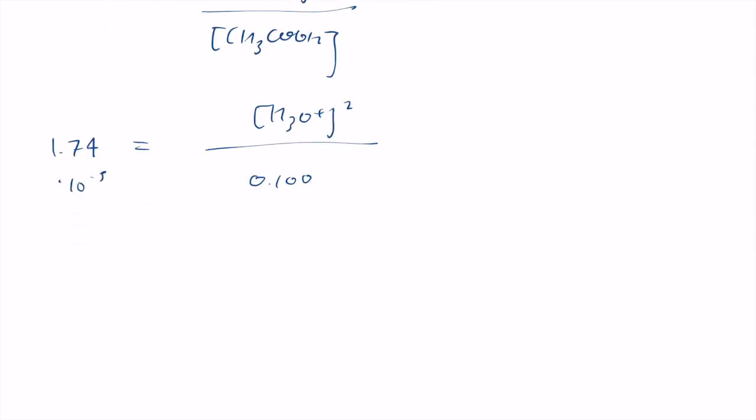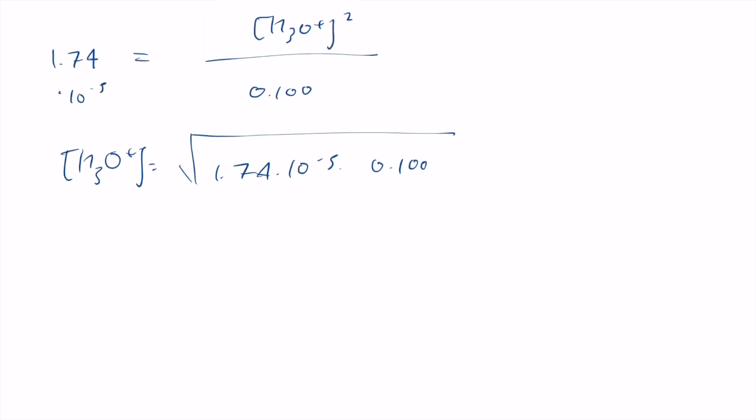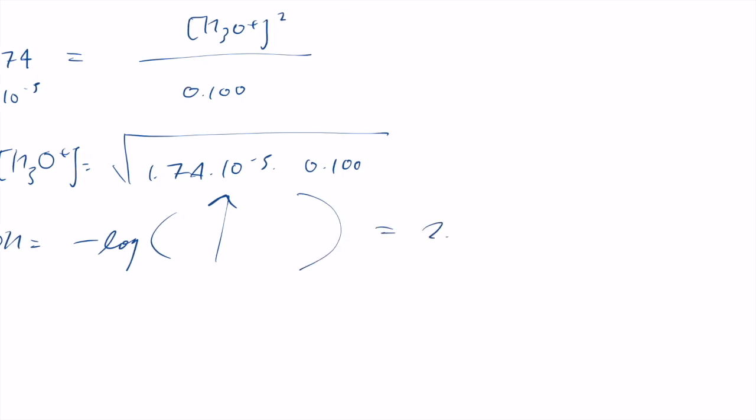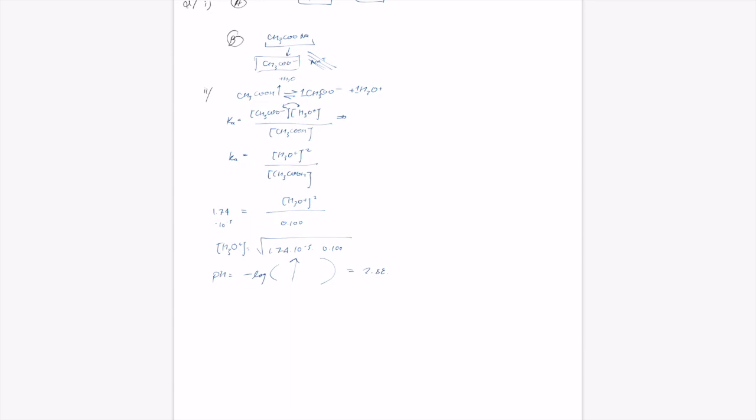But we can do a little quick algebra, and we find out that H3O plus is equal to the square root of 1.74 times 10 to the negative 5 times 0.100. I'm not going to calculate the exact answer, but we know that if we know H plus, we can very easily calculate pH, because pH is just the negative logarithm of whatever this is, and what I got was 2.88. So if you plug that into a calculator, you'll get 2.88.